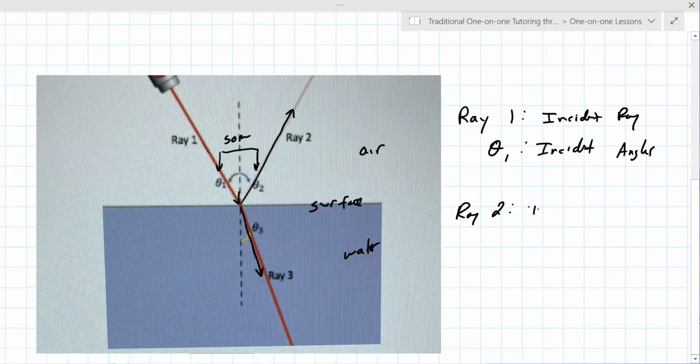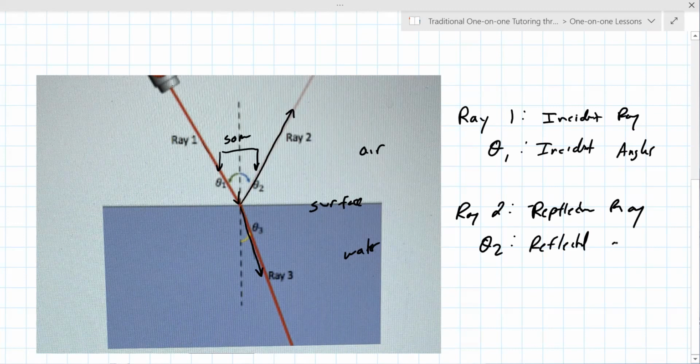So it's the reflection ray. This one that bounces off, it's reflected. Okay. Theta 2 is the reflected angle, because obviously the angle is there.